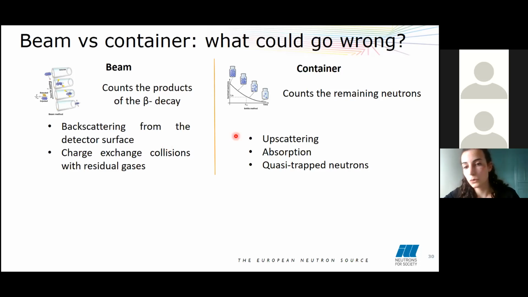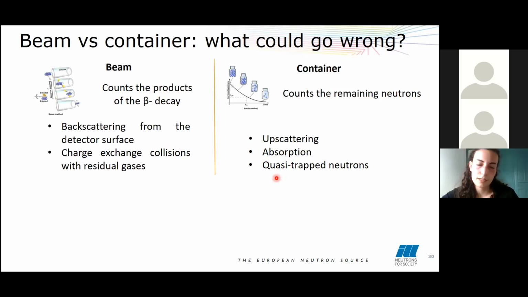Another problem would be due to quasi-trapped neutrons, which are neutrons whose energy would be higher than the potential, but which are anyway trapped because they're on a stable trajectory because of the geometry of the trap.